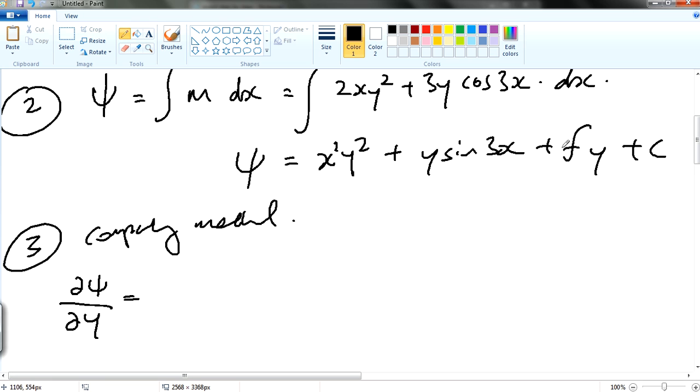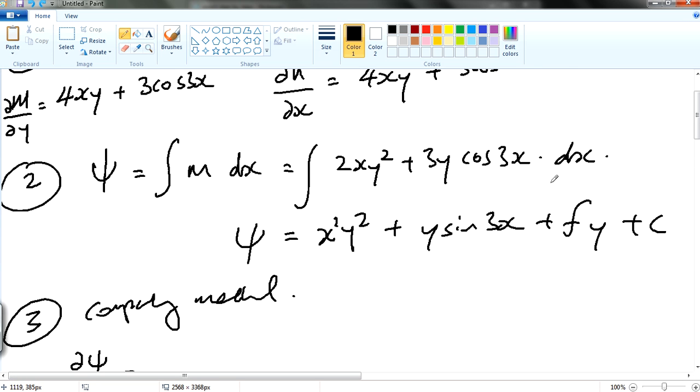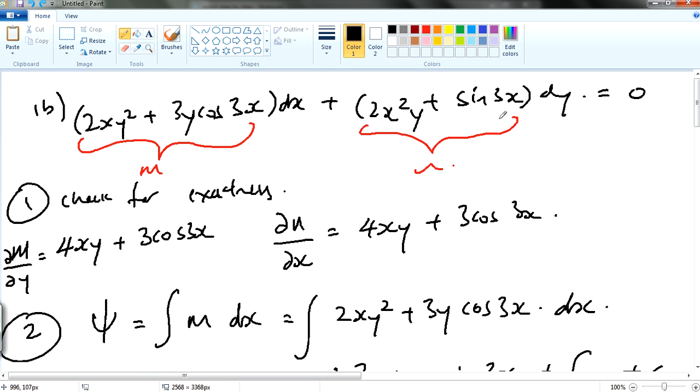Bear in mind, this is already your final equation, just that you have some function of y you need to solve for. To assess the function of y, we need to compare with the actual function of y over here, which is N times dy.